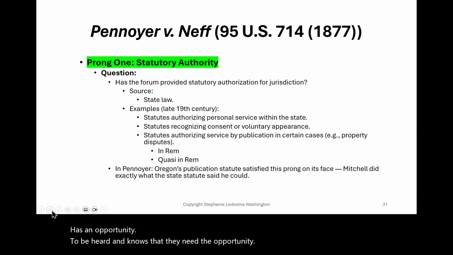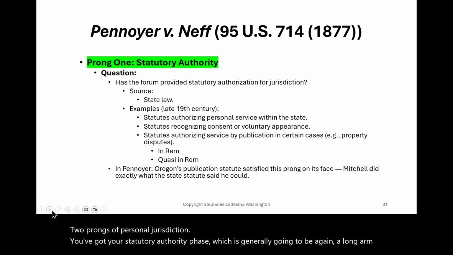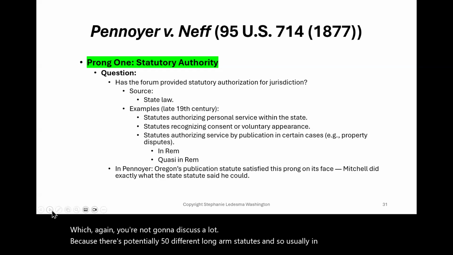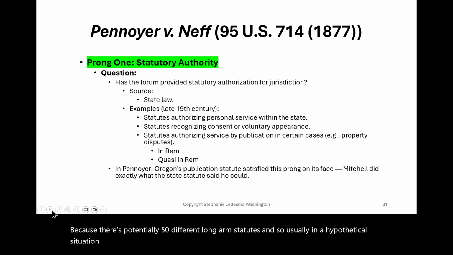2 prongs of personal jurisdiction. You've got your statutory authority phase, which is generally going to be, again, a long arm statute, which you're not going to discuss a lot because there's potentially 50 different long arm statutes. And so usually in a hypothetical situation, you're going to find that the statutory authority piece, the long arm statute, is often, not always, but often addressed like this.